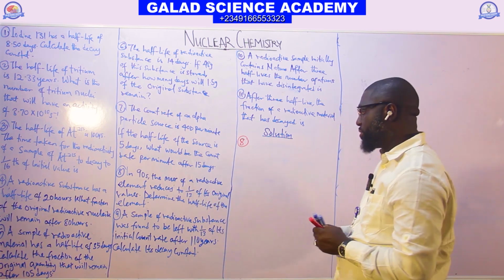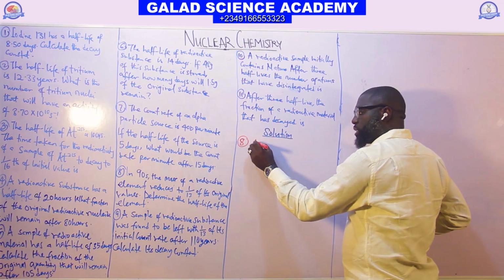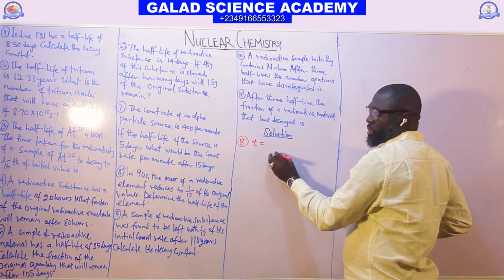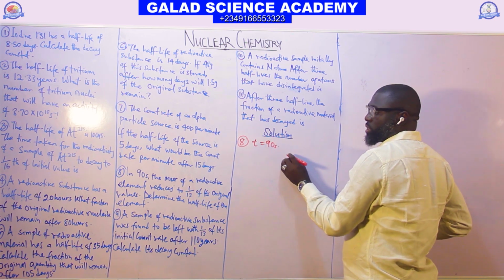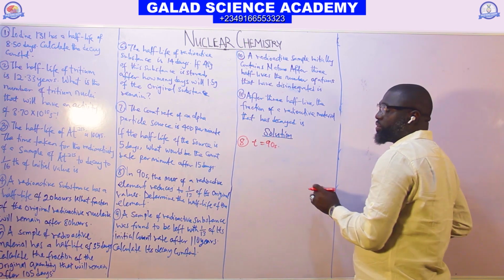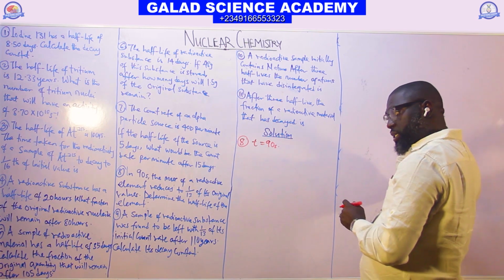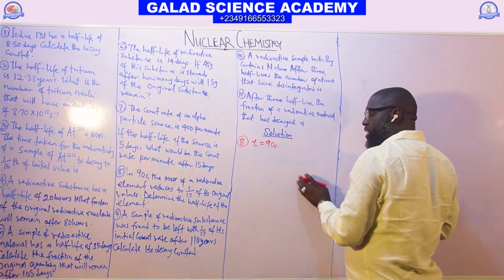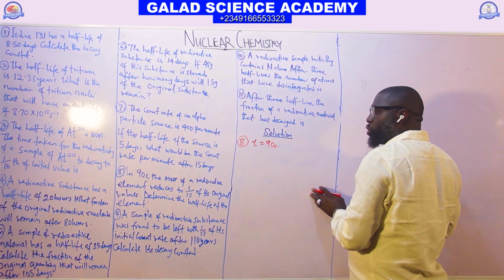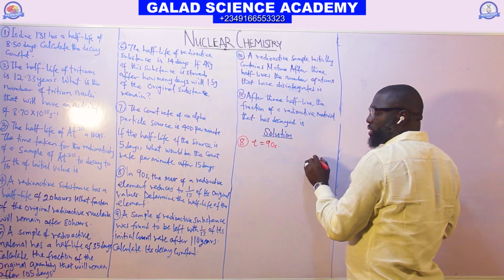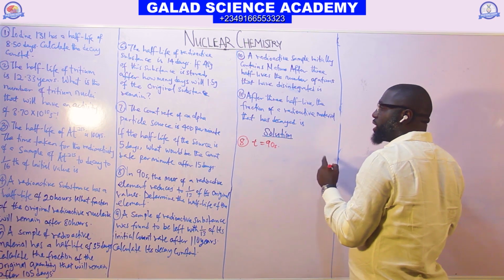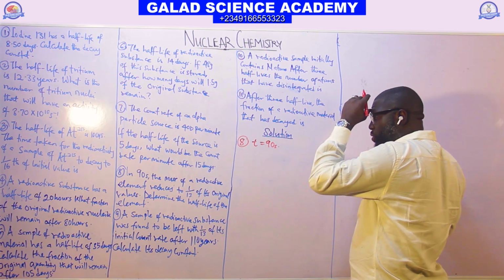Determine the half-life. So we are given t should be 90 seconds, and we are also given the distribution ratio should be 1 over 13 of the original value.